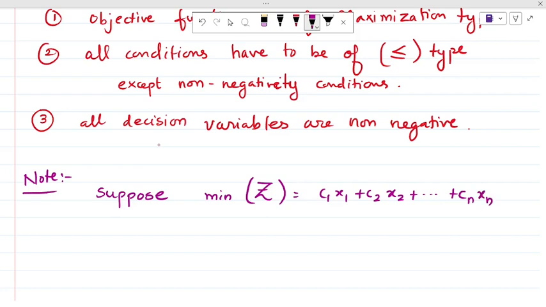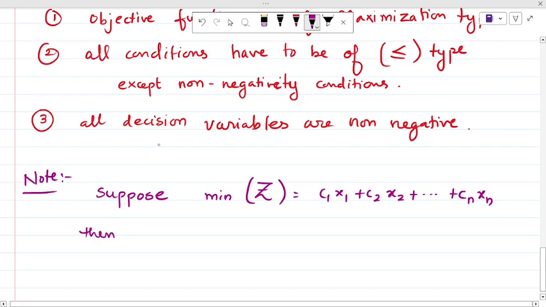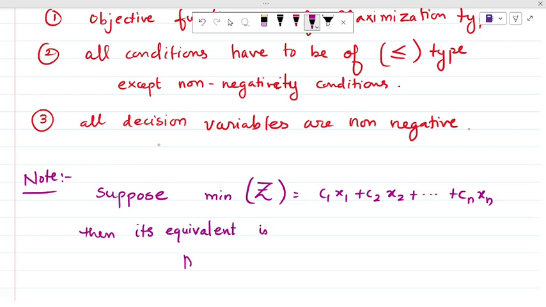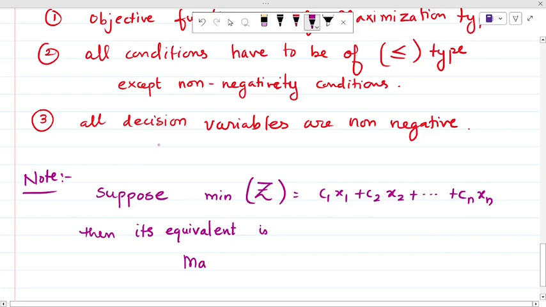Then its equivalent is maximization of minus z.